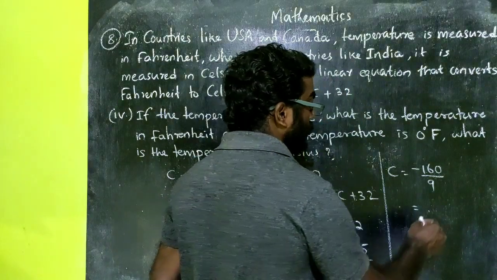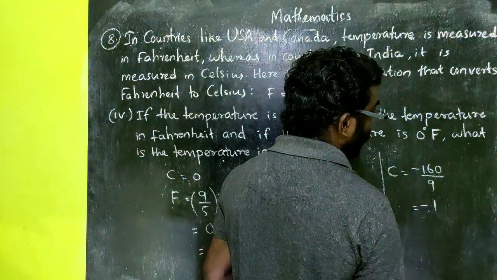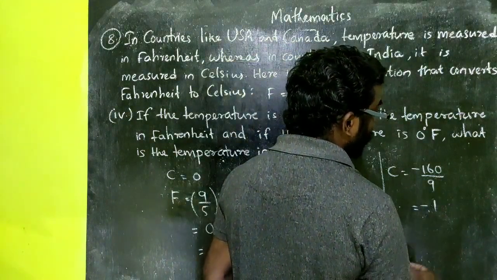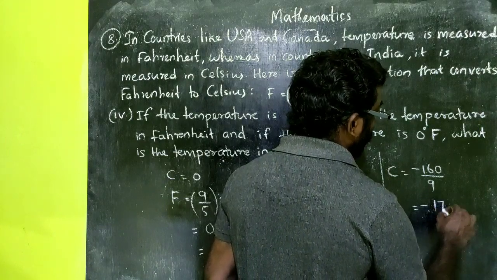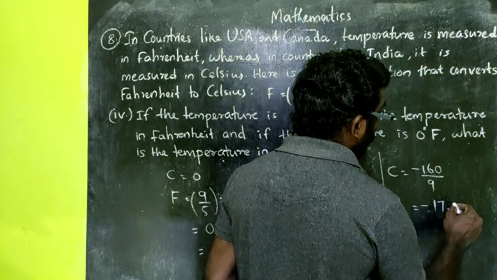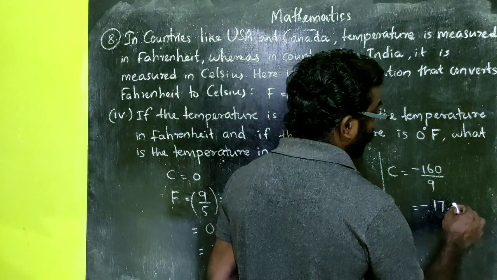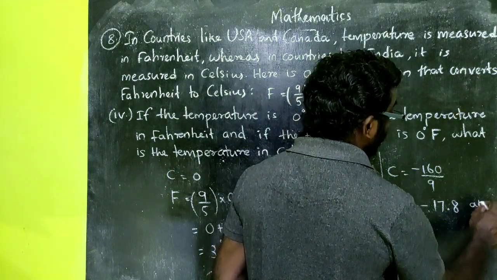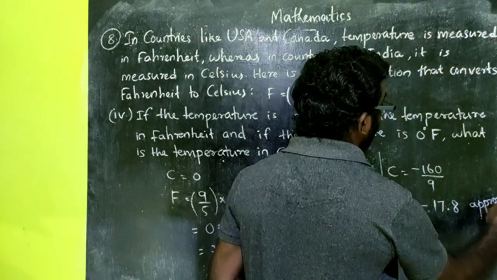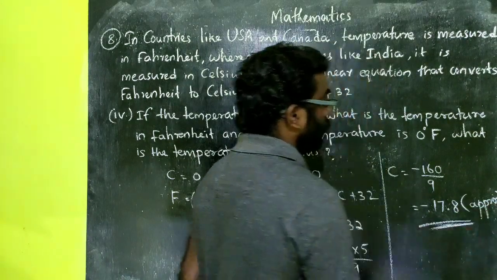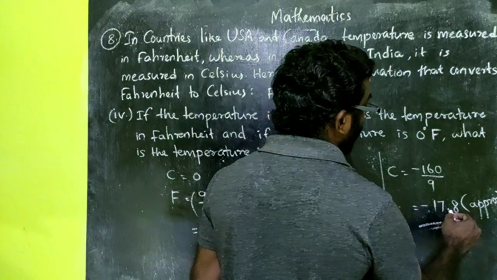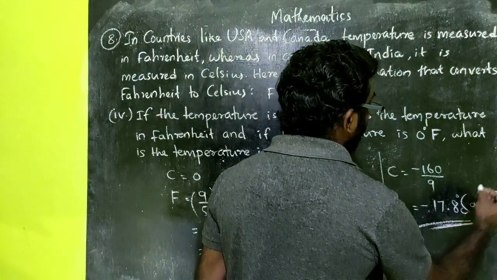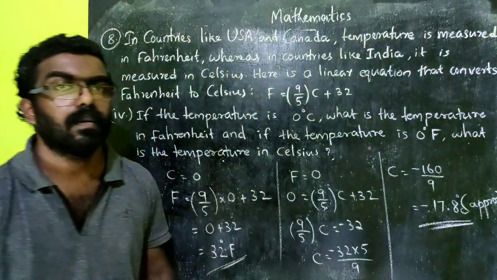On dividing we get 1 9 is 9, 7 balance 70. 7 9s are 63, again 7 balance 7. 7.77 and so on. We can write 7.8 approximately. So minus 17.8 degrees Celsius. Clear?